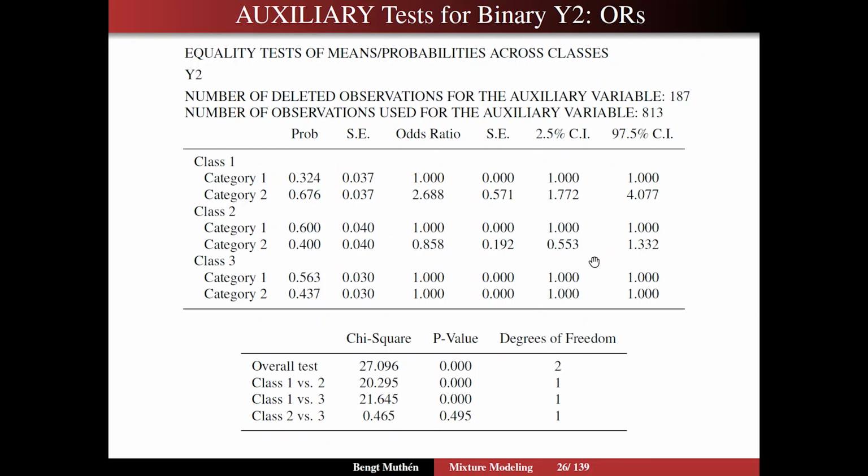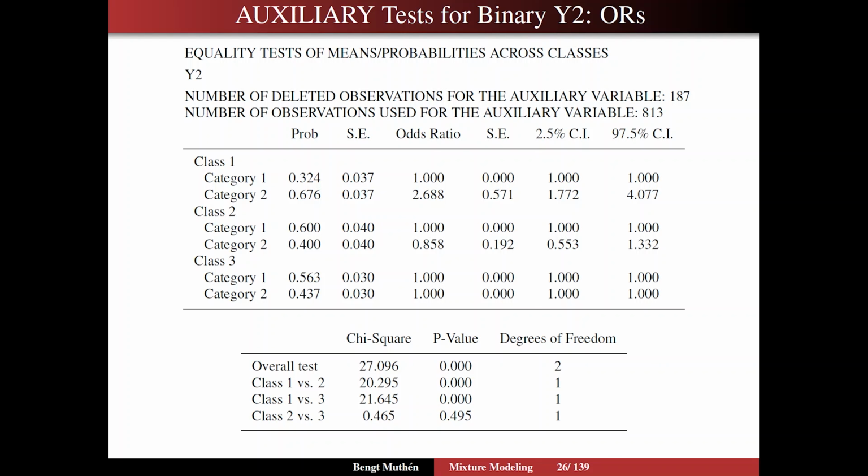And we also give chi-square tests of these differences overall with p-values, and we see that all differences are significant except class 2 versus class 3. And you can see that already in the probabilities here. The ratios of these probabilities are fairly similar and therefore cause the insignificance.